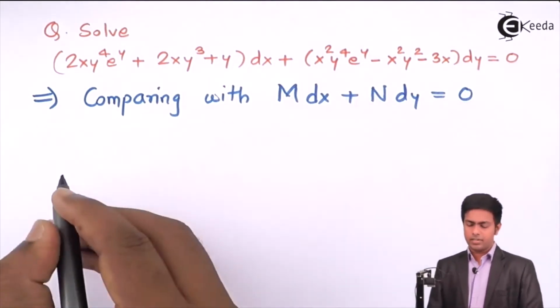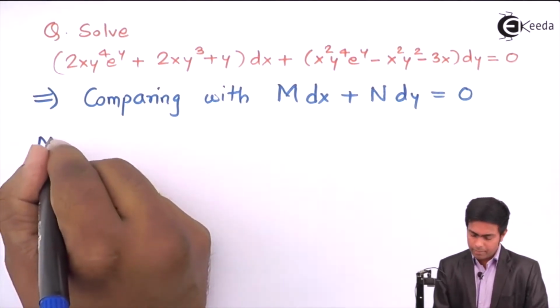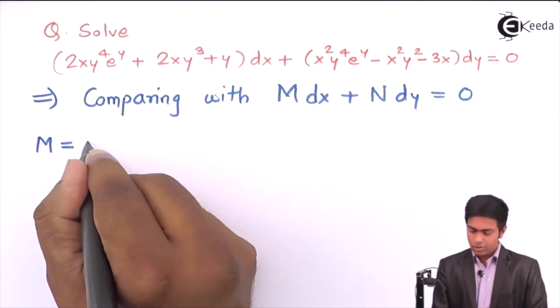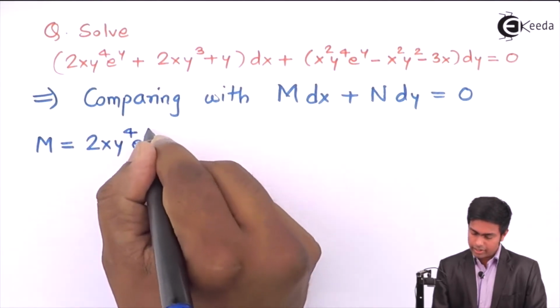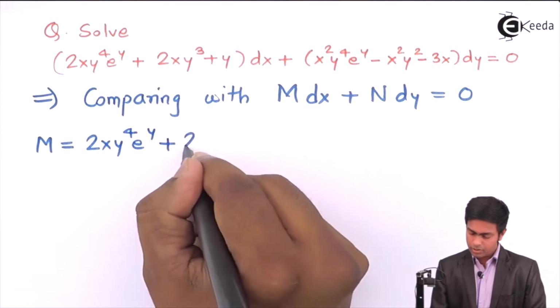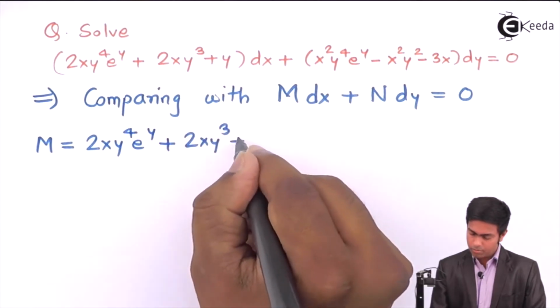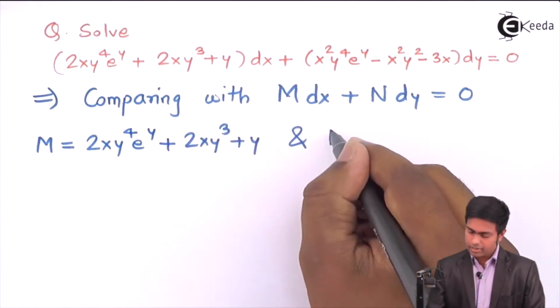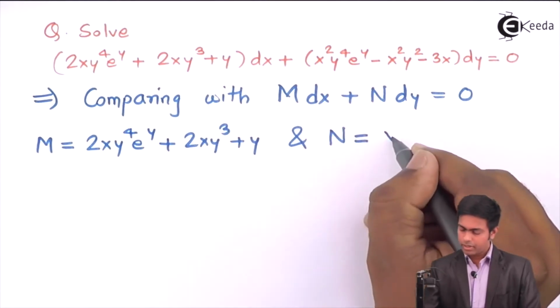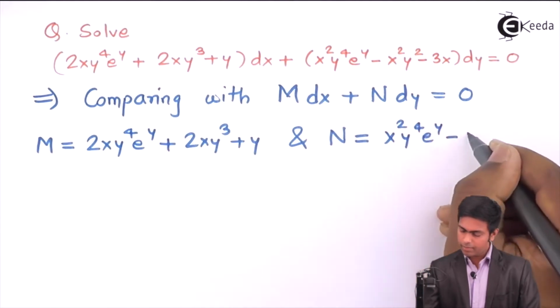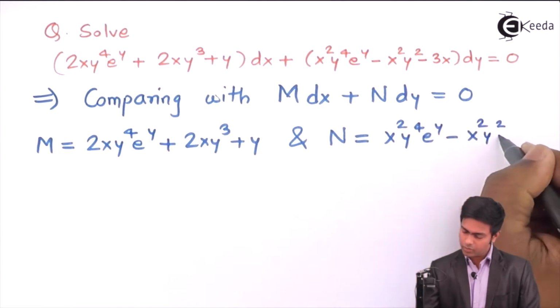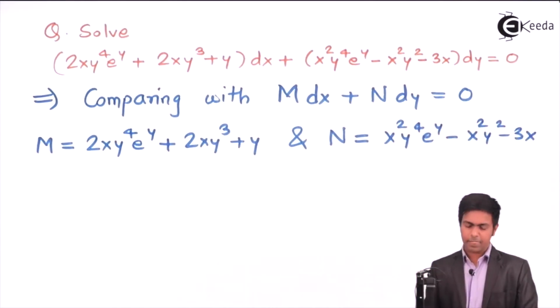By comparison, we'll get the value of M as 2xy^4 e^y plus 2xy^3 plus y, and the value of N equal to x^2 y^4 e^y minus x^2 y^2 minus 3x.